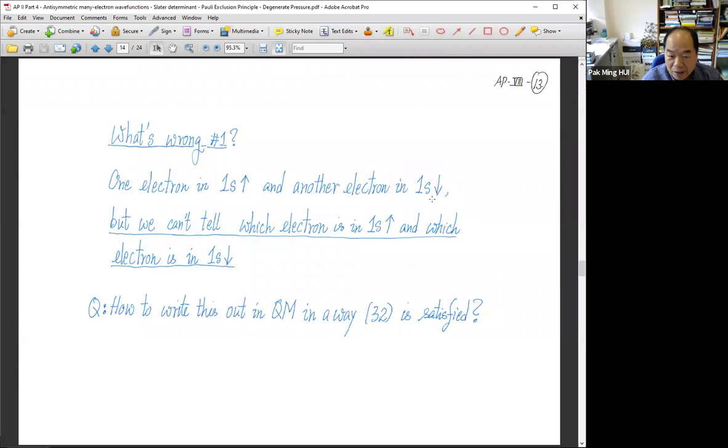But the point is that we cannot distinguish the two electrons. That is to say, we don't know which electron is which. That is the point. How could we take care of the fact that we don't know which electron is up, which is down?